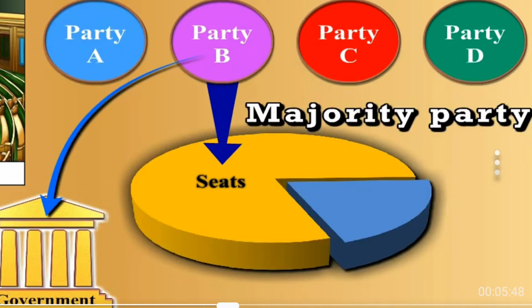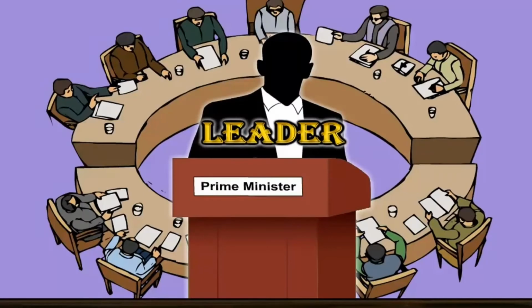The group of representatives who get the maximum number of votes form the government. Do you have any doubt in this? The party that gets the maximum number of votes can form the government, and the leader of the majority party becomes the prime minister. Thus the government is formed after the Lok Sabha election.